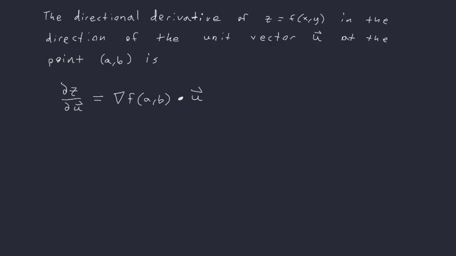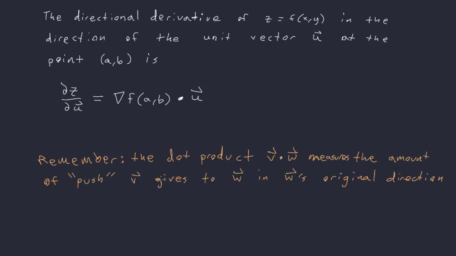One, remember that the dot product, v dot w, gives us the amount of push one vector applies to another in its original direction. So v dot w measures the amount of push v gives to w in w's original direction.